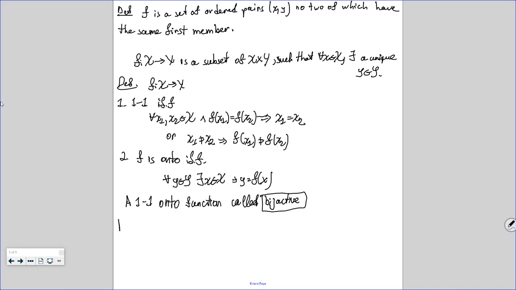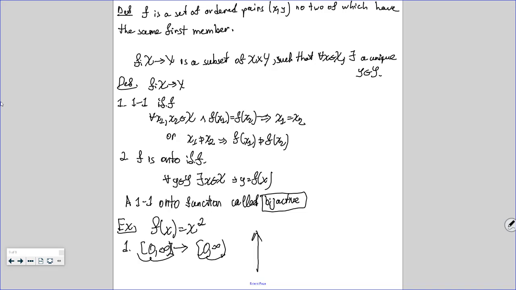Now let's do a couple of examples to understand the meaning of one-to-one functions. So consider the function f(x) is equal to x squared. The question is, is it one-to-one when it goes from 0 to infinity to 0 to infinity? So in this case, our domain is 0 to infinity and the range is also 0 to infinity.